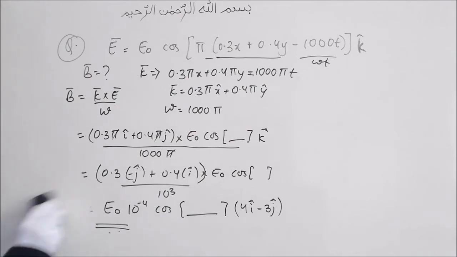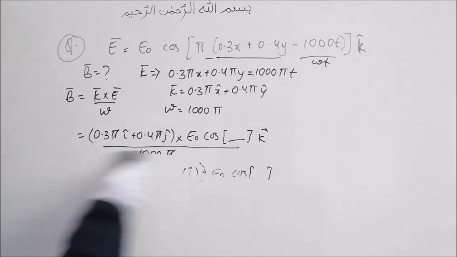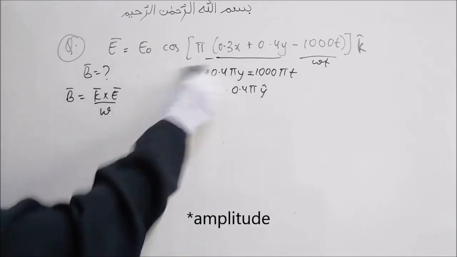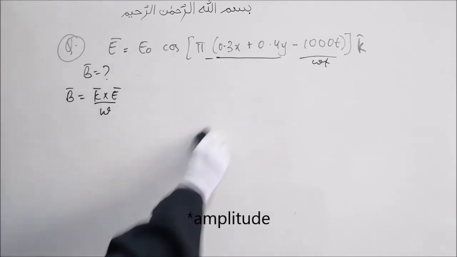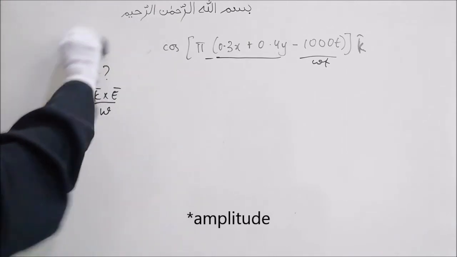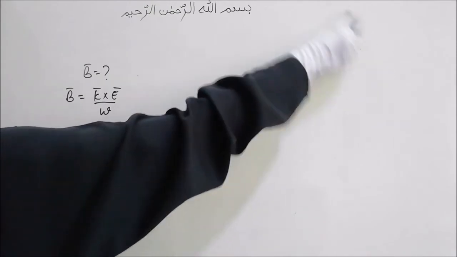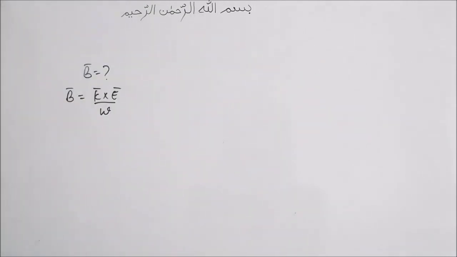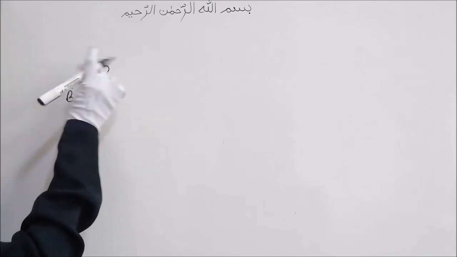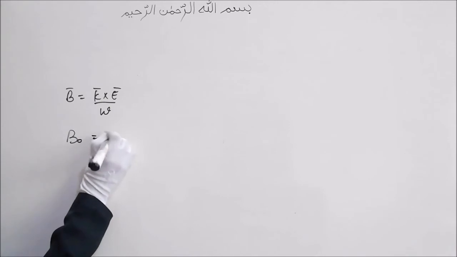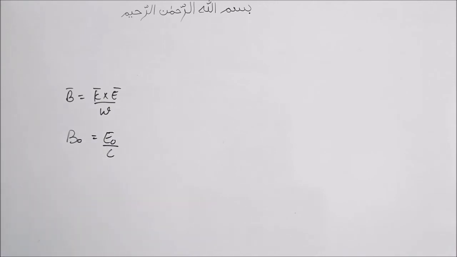Now there is another way of getting just the magnitude of the magnetic field related to the magnitude of the electric field, but the condition is that it works only when both B and E are mutually perpendicular to each other and they are in phase. Only in that case we can use it, and that then comes out to be B naught equal to E naught divided by c.